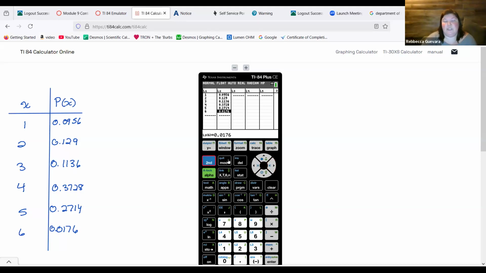Like I said, I'm just doing second quit just to make sure that there isn't anything on the screen that's going to interfere. Then I go back to stats, go to calculate one variable statistics. The first one is list one, the second should be list two, and we go to calculate.